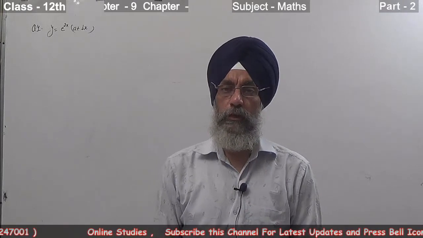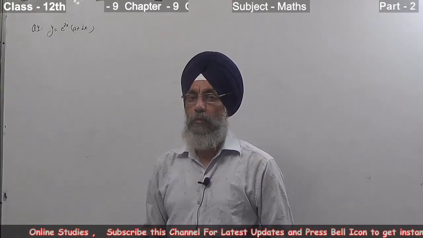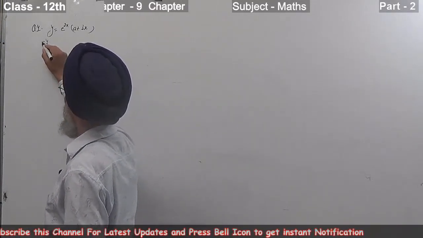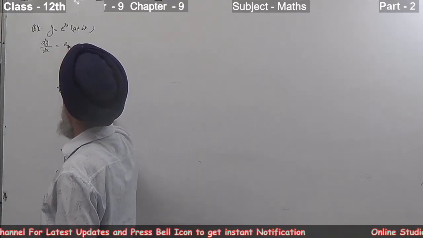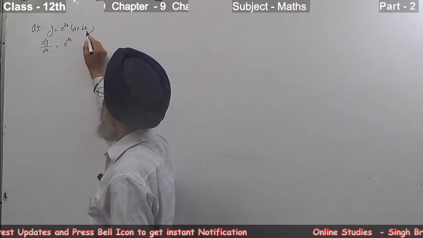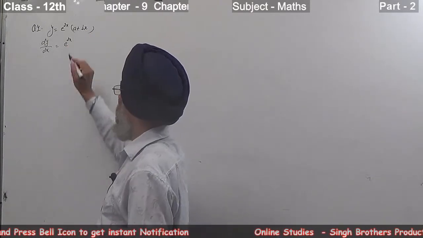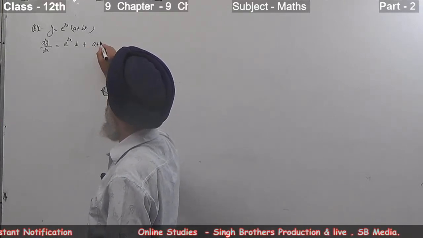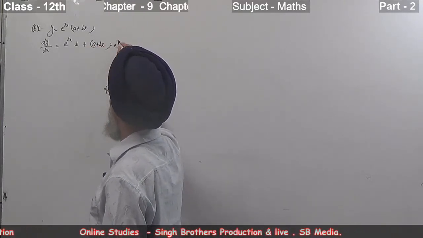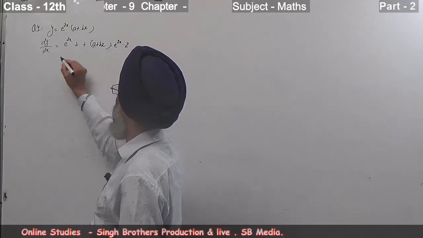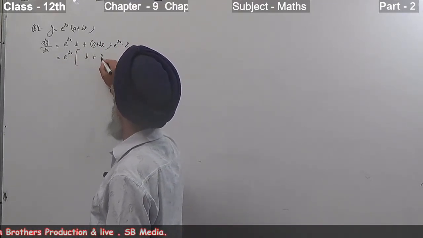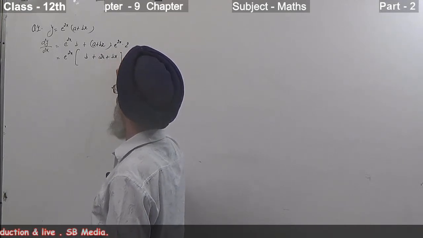So we have to remove them, and moreover we have to differentiate two times. Differentiating with respect to x, dy over dx equals e to the power 2x a plus bx, applying the product rule: e to the power 2x times b, plus (a plus bx) e to the power 2x into 2. Taking e to the power 2x as common, it is e to the power 2x (b plus 2a plus 2bx).